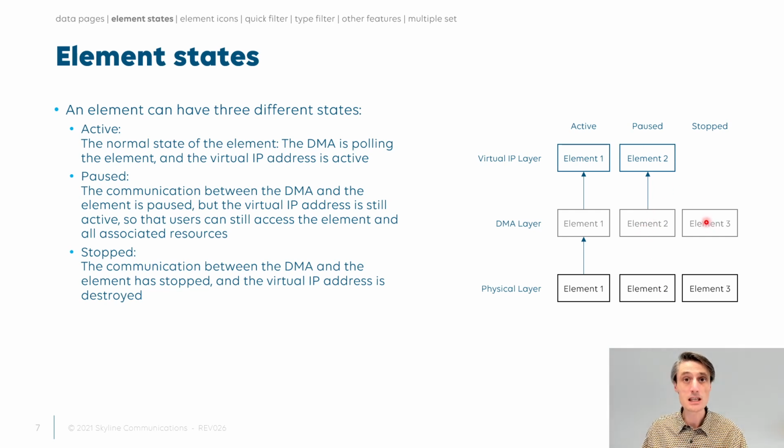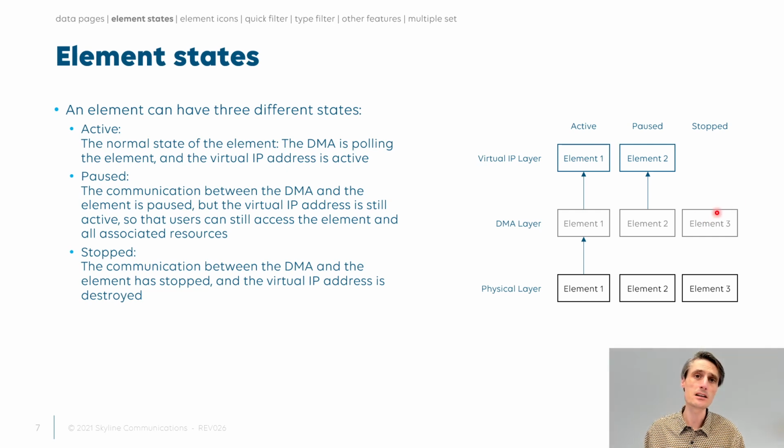But if you stop it, it really takes everything away from memory and it's completely out of the DataMiner internal guts, you could say, but it can easily be started again as well. Of course, all the configuration is still stored on disk, so you don't lose anything, like the history, alarms and things like that.